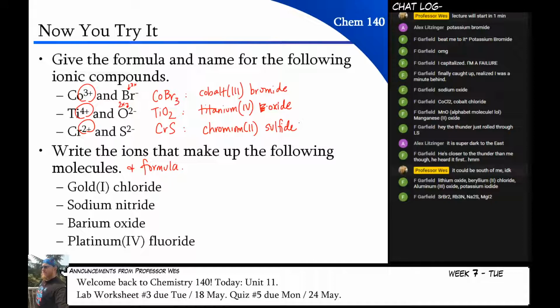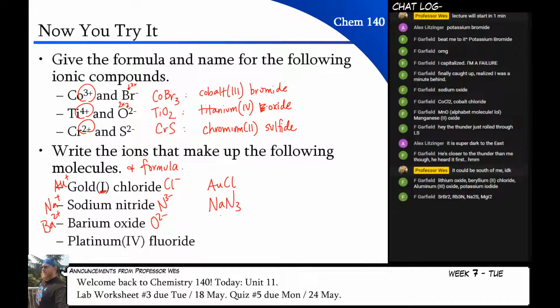All right, now we can make ions from these words. So gold 1, gold is Au. The 1 implies that there's a +1. Chloride is just that. So there's our formula. Sodium, no big deal here. Nitride, we already did this one. Barium here is in column 2.